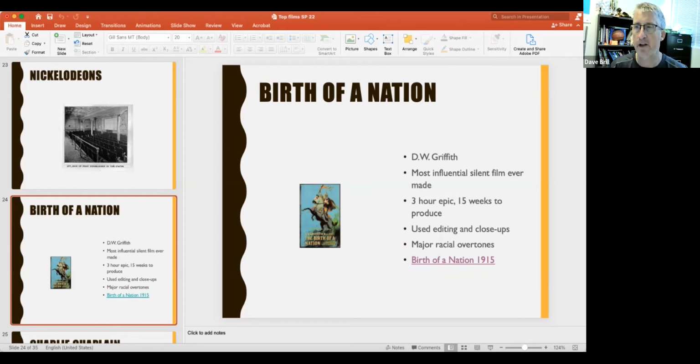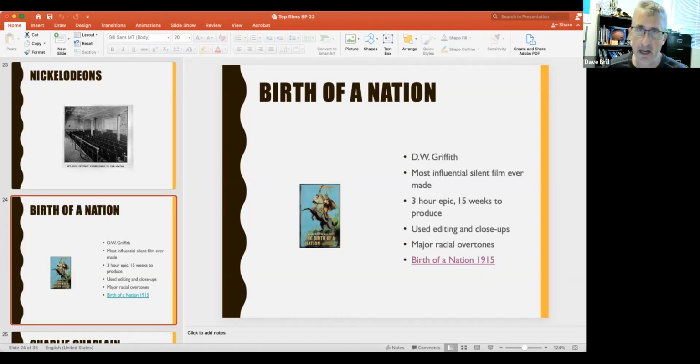So basically it portrayed the Ku Klux Klan as the hero, and the folks that were trying to essentially end the Civil War from the North, which was against slavery, if you will, of course, as the bad guys.